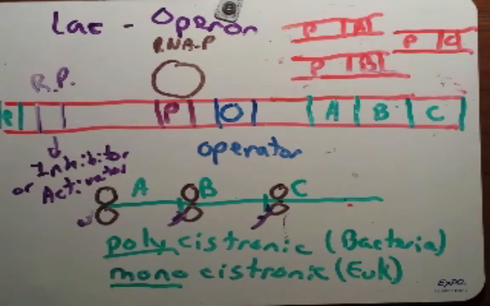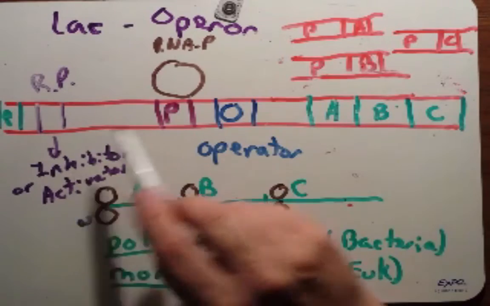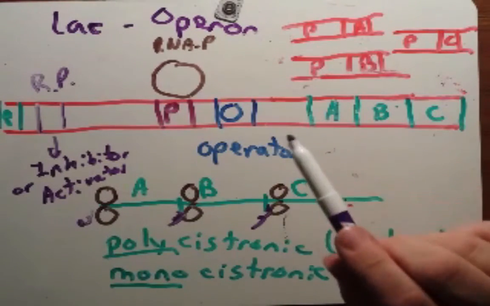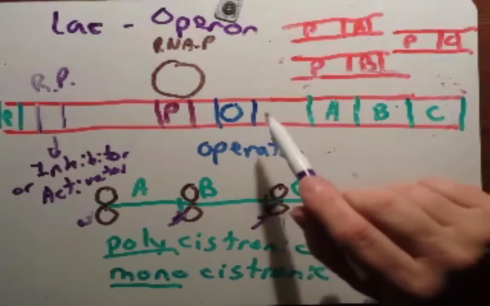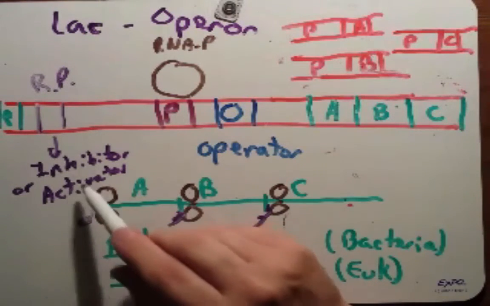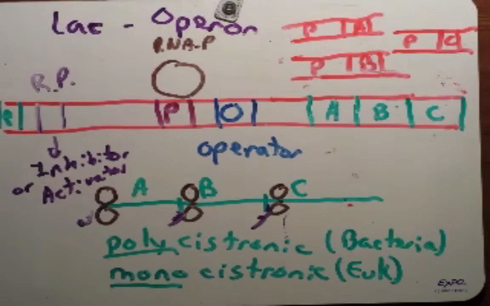And this inhibitor or activator will now act upon this gene. It's important that it's not part of the operon, because if it was a part of the operon, how would you ever turn it on? How would you ever get the inhibitor or activator? So it's important that it's under a separate control, under a different regulator.